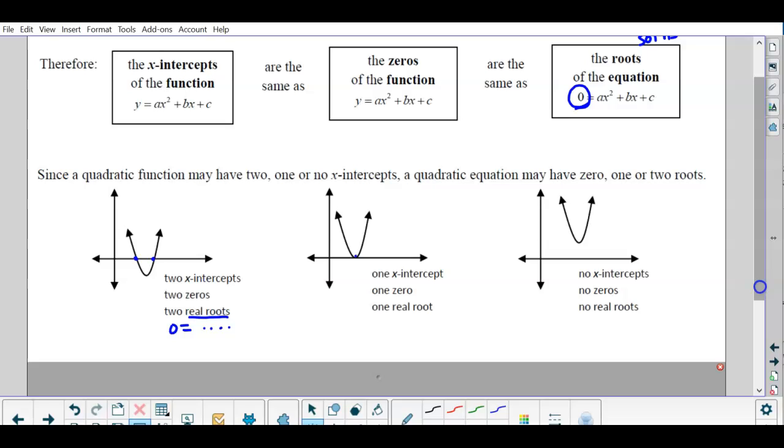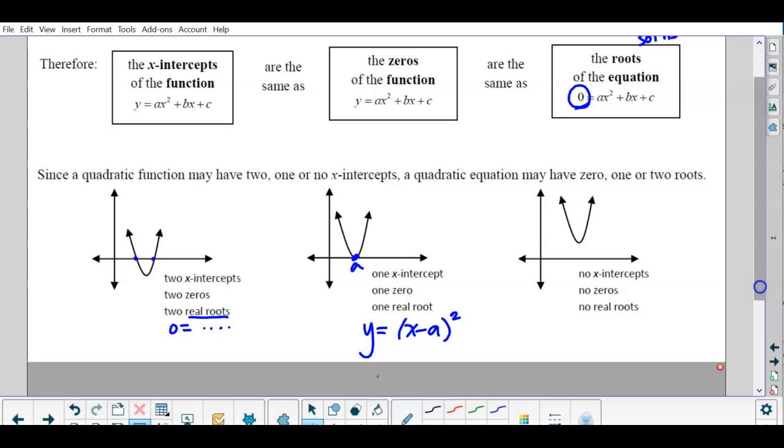So here, when it just touches, there's just one x-intercept of the graph. The function will just have 1 zero, and that means there's just one root. When you look at this, based on our multiplicities, remember that's going to be something like y equals x minus a squared. Okay? So there's only one factor that's different, right?